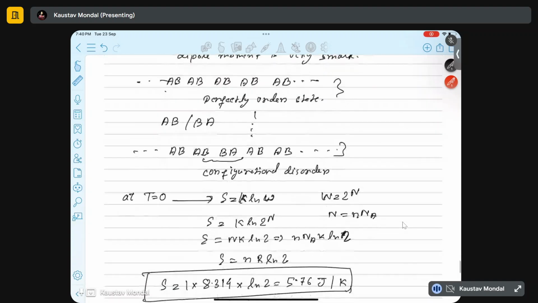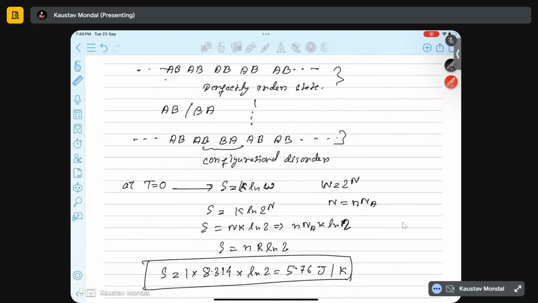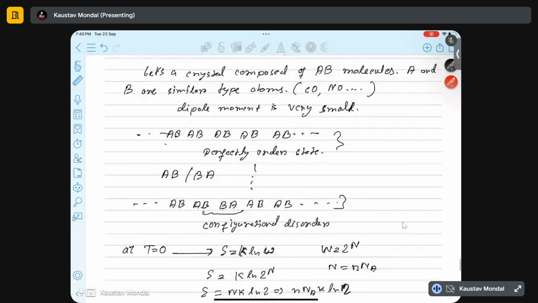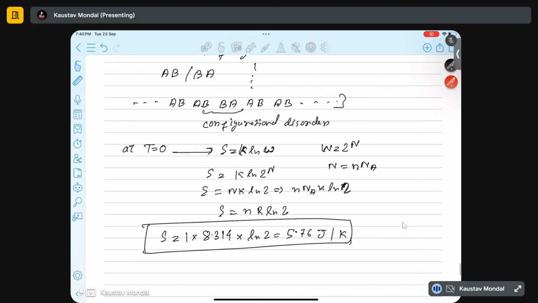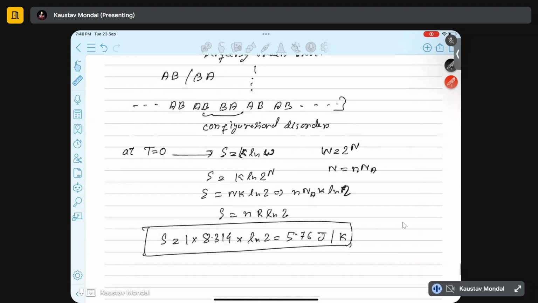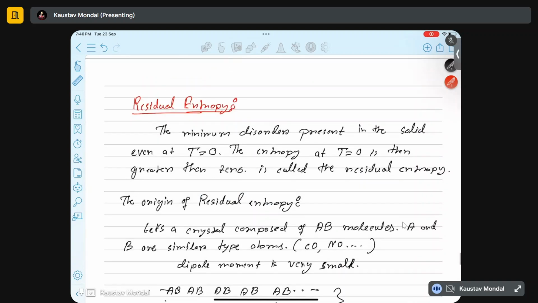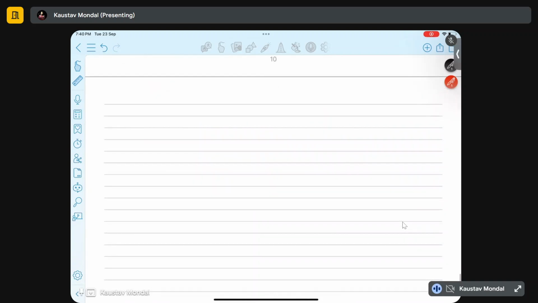for this kind of AB atomic molecule system, where both the ends are similar to each other, right? Now, here we considered A and B both similar. Let's suppose now a case where A and B are not similar.